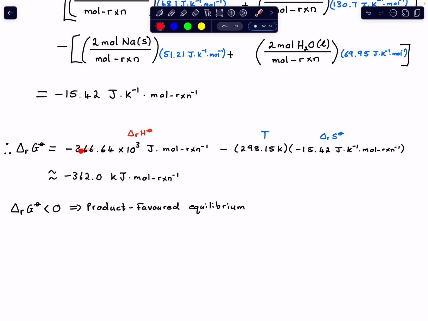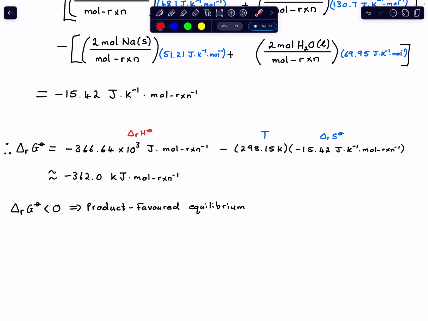The enthalpy is the value that's very negative, the big negative value. The entropy is also negative, but it is causing the Gibbs energy to become more positive. So if we were to increase the temperature of this reaction, it would become less spontaneous, meaning less product favored.